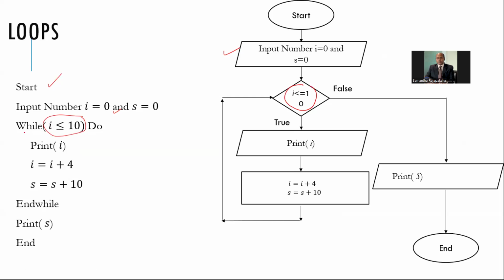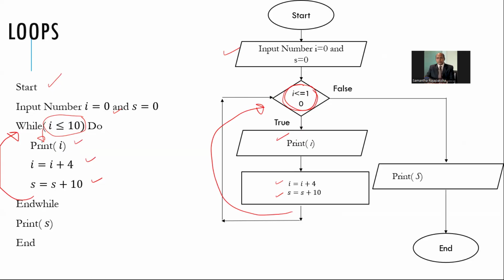If the condition is true, execute these lines and come back to the loop again. So if the condition is true, print I, increment S, and come back to the loop again. So this will be running until this condition is false. While the condition is true, it executes.